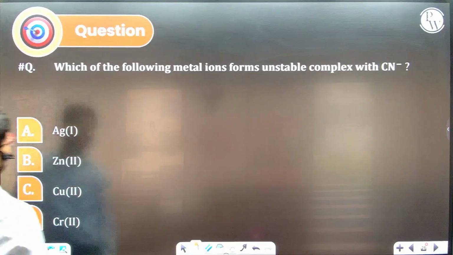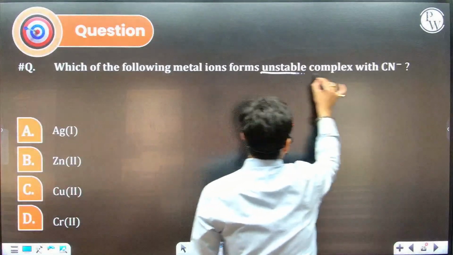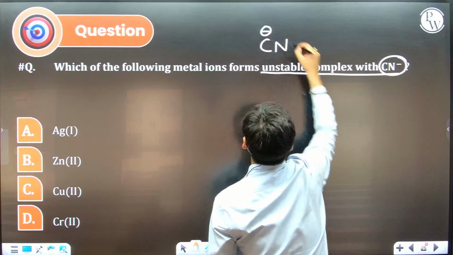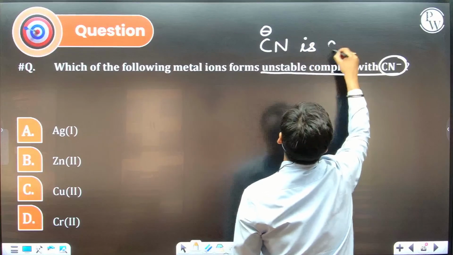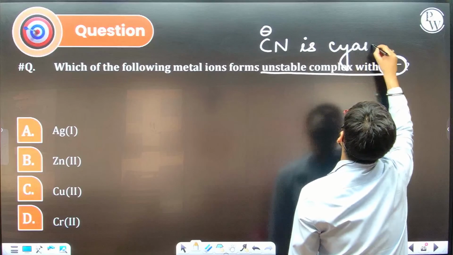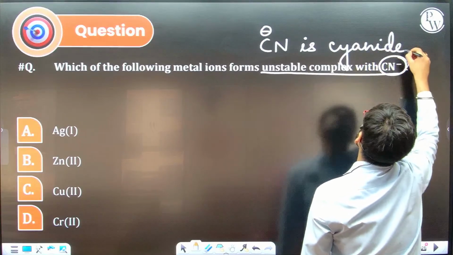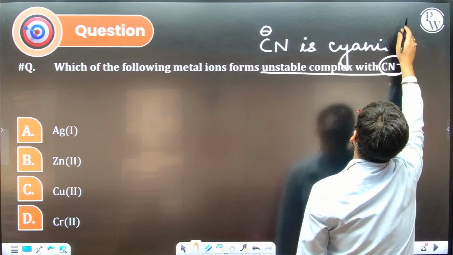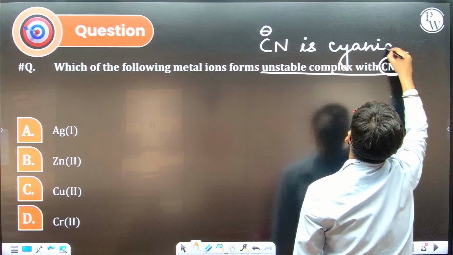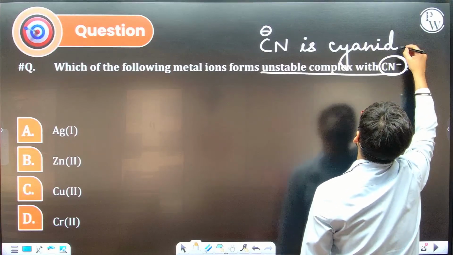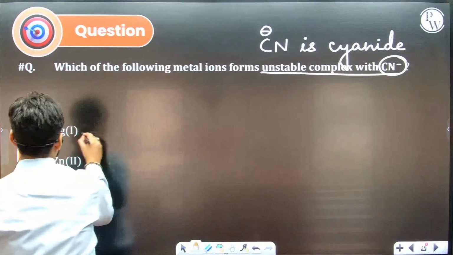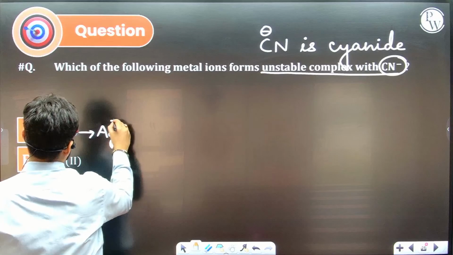Which of the following metal ions forms unstable complex with CN minus? CN minus is called cyanide. This is Ag plus 1.